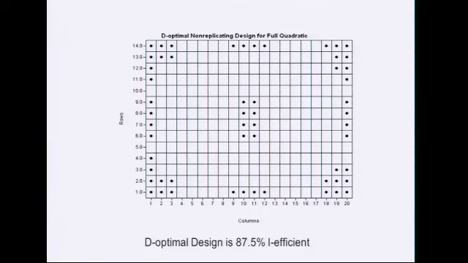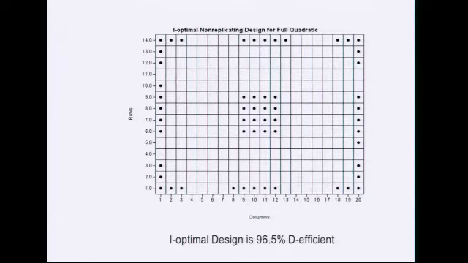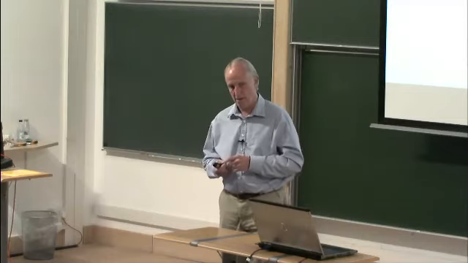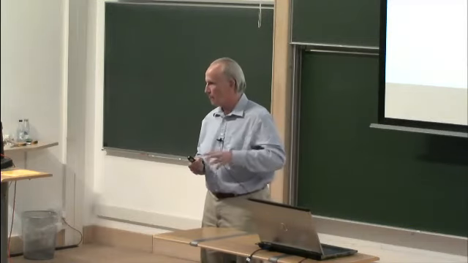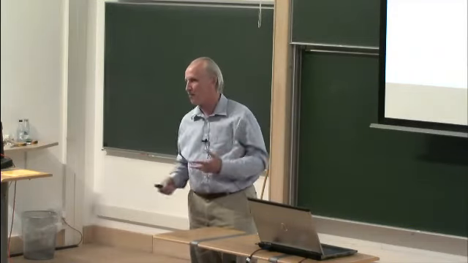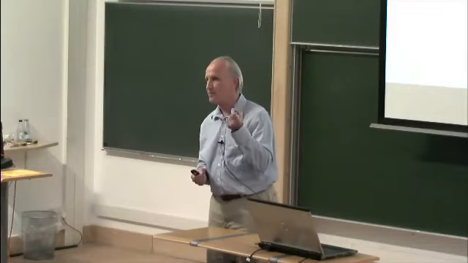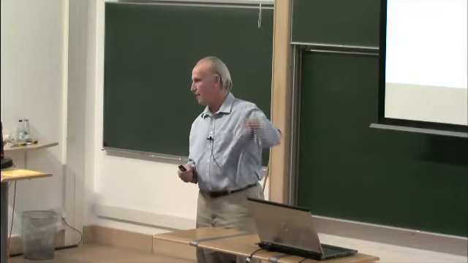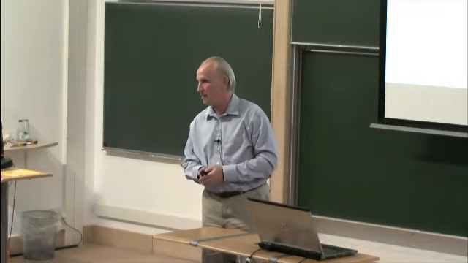So this is the D-optimal design, and this is the I-optimal design. So the I-optimal design, if you were not making this restriction that you aren't allowed to replicate, would put 16 points in the center, and then evenly spaced around the edges.